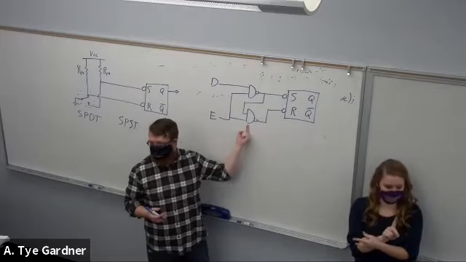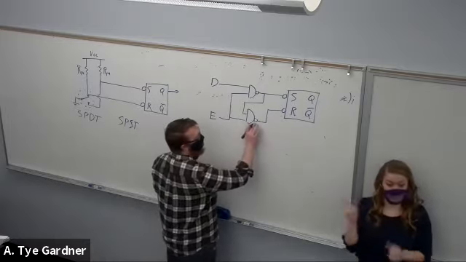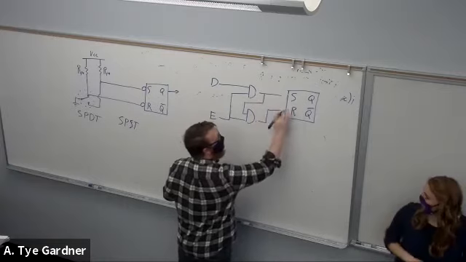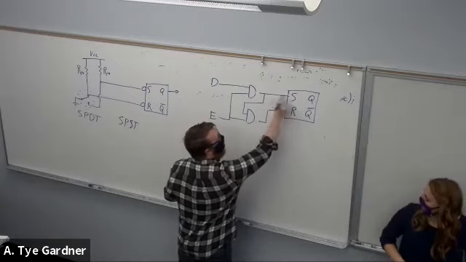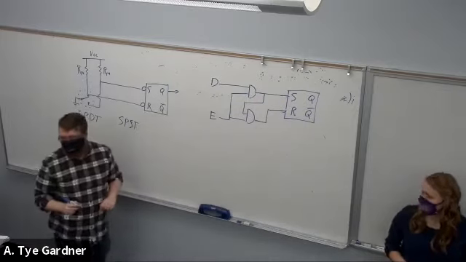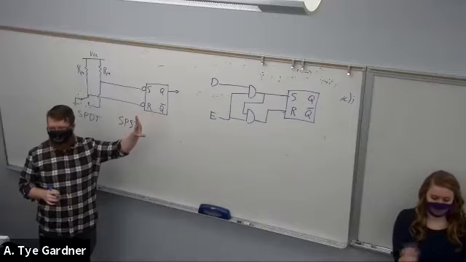Right? Those two inversions can cancel each other out. So this circuit is equivalent to the following. Right? Nice and easy to convert back and forth between universal gates or not.